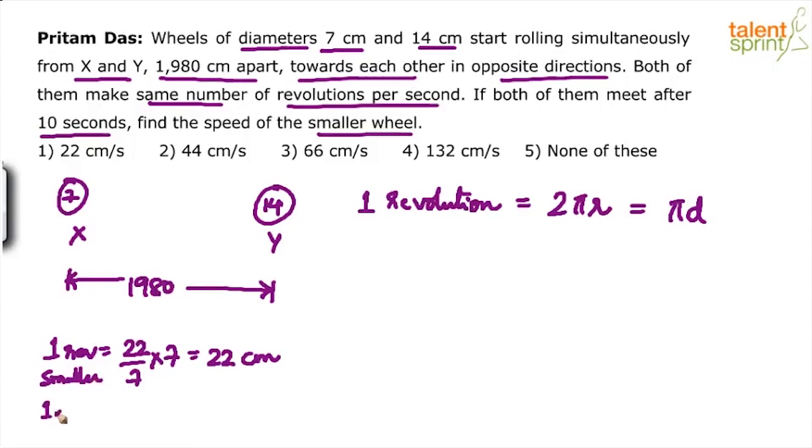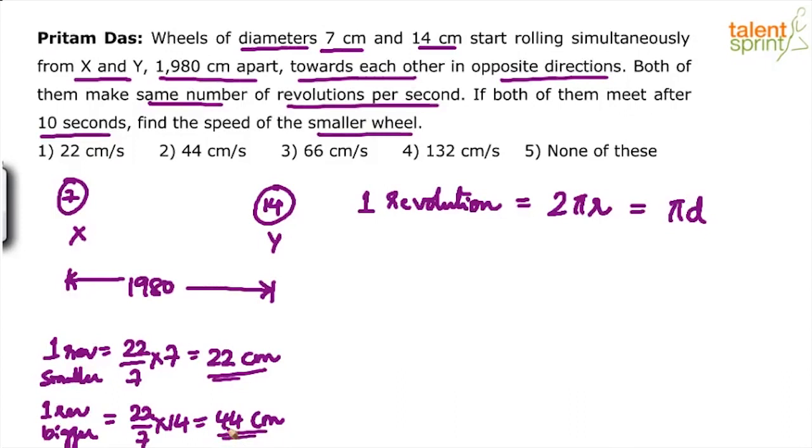One revolution of the bigger one is again pi d, so 22 by 7 into 14, which is 2 times 22, 44 centimeters. That means if the smaller one rotates, it covers 22 centimeters. If the bigger one rotates, it covers 44 centimeters.